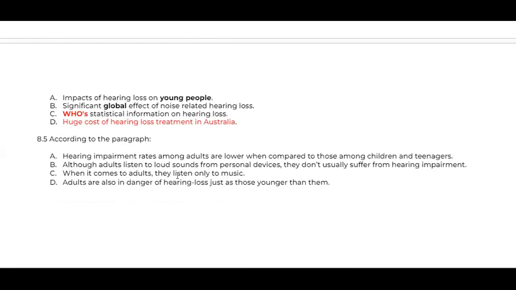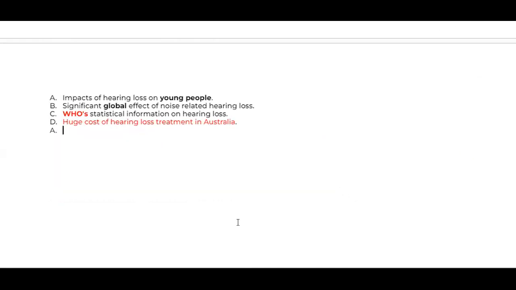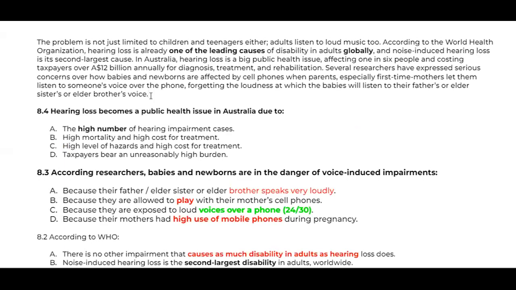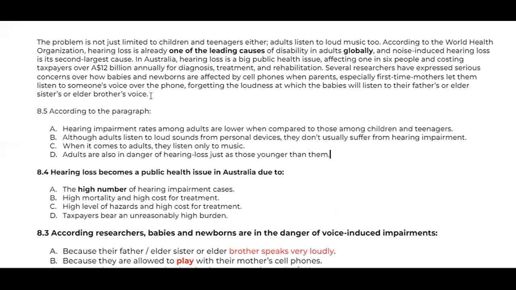We have one more question, that is 8.5. You know, we are dealing with the same paragraph. Because of this reason, your skill is really improving. This is the reason we are having multiple questions from the same paragraph. Okay, all the best.